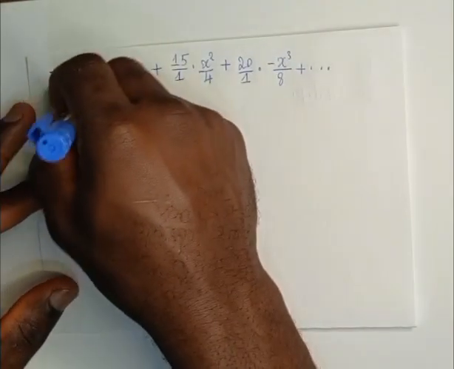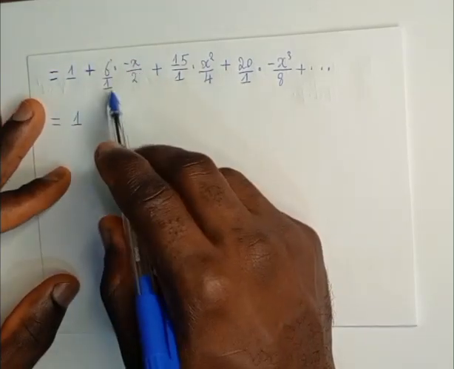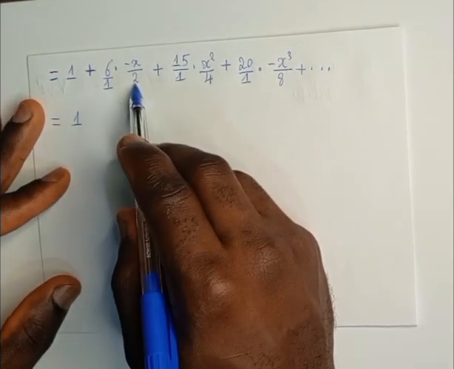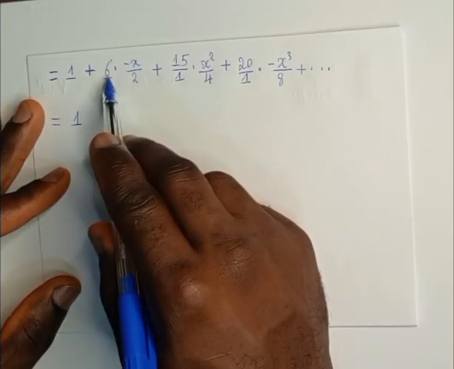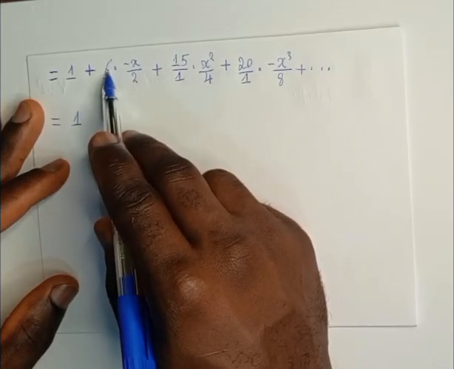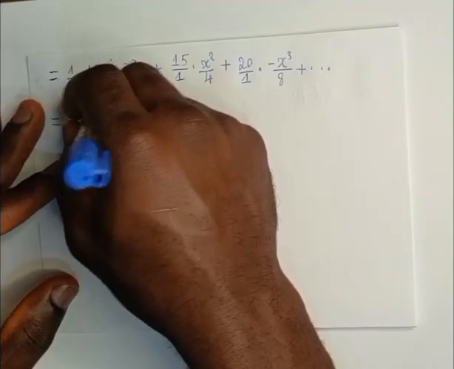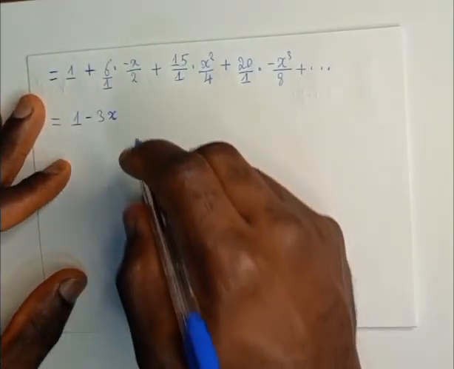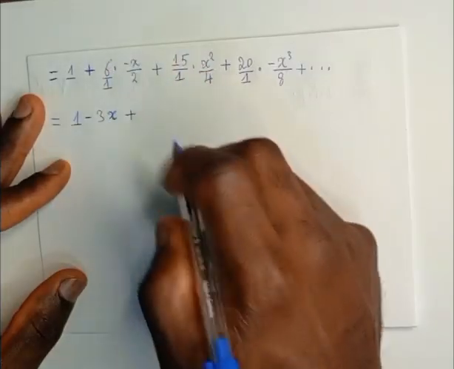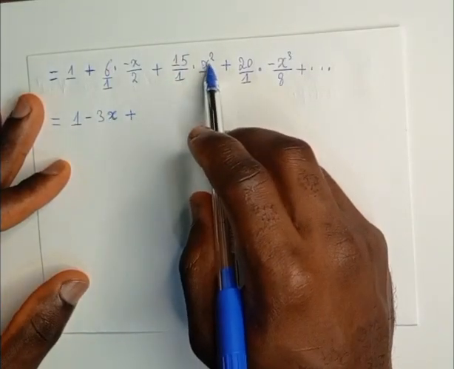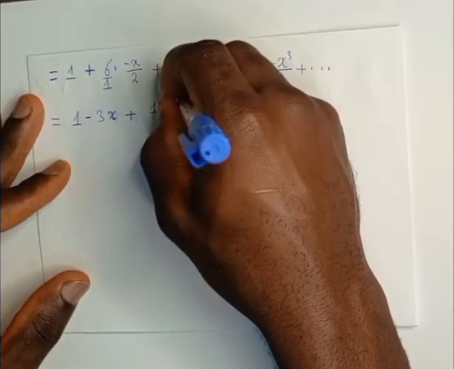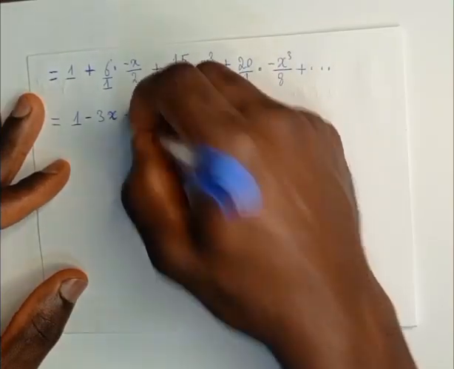This will simply be equal to 1. 6 over 1 times negative x over 2. 2 will go into 6 3 times, gives us 3 times negative x, which is negative 3x. We go to the next term, plus 15 over 1 times x squared over 4 gives us 15x squared on 4.